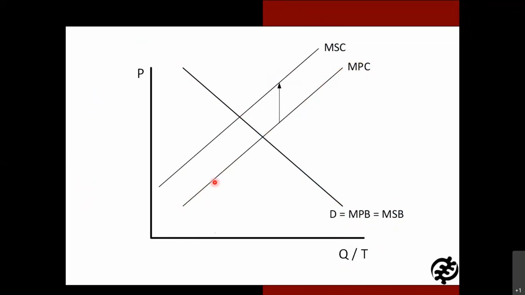But notice my hamburger joint also had some costs that were paid by the fishermen. Instead of me paying and internalizing those costs and paying for disposal, I dumped it in the river. And the fishermen are paying the cost. The additional cost is here. It's this vertical distance. And notice the marginal social cost curve here is higher than the marginal private cost curve. That shows that there's a negative externality.